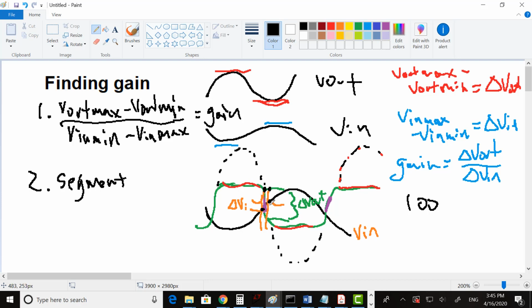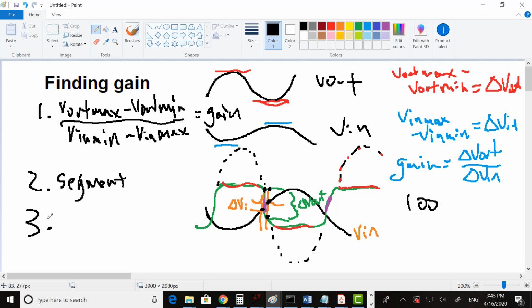That's your V in one and your V out one, and then find your V in two and your V out two, and do the same math, except use points where you still have a slope on your graph, not in this flat part here. Because this flat part, it's not actually following what the gain is telling it to do. So those are two ways.